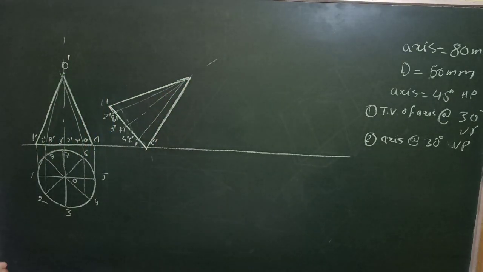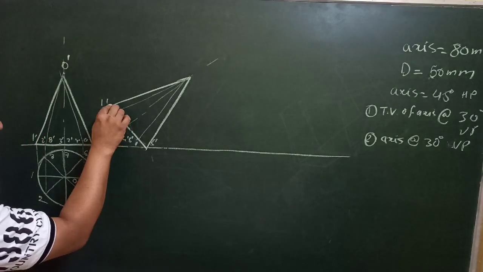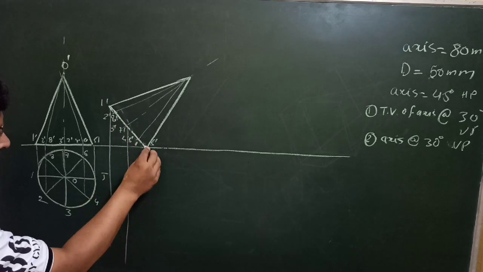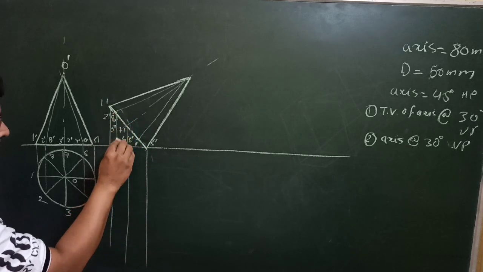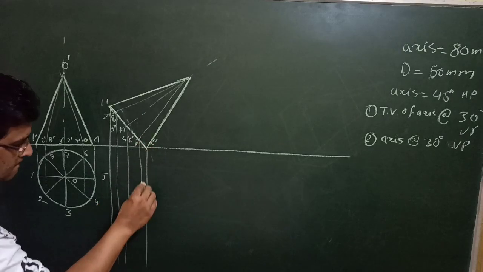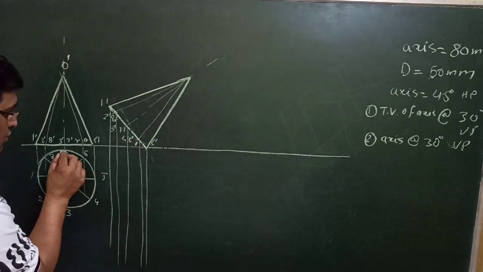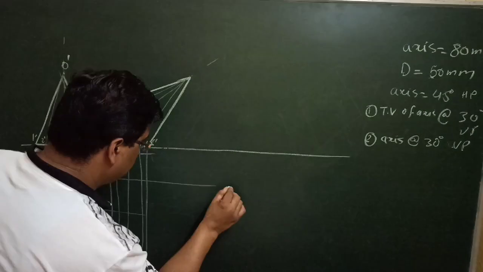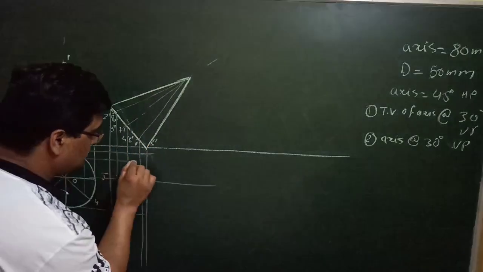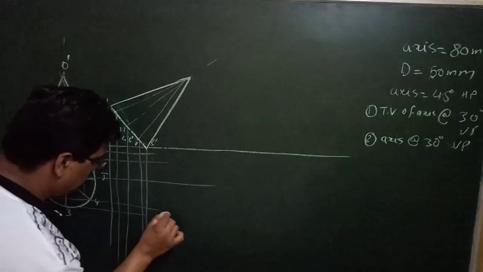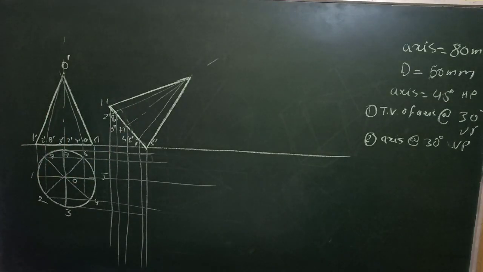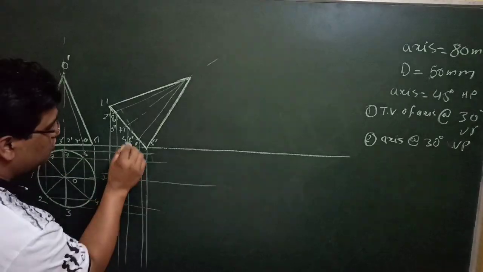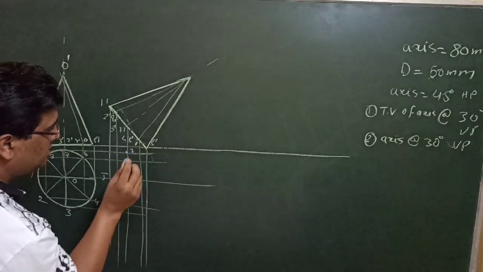Now what to do? As we have already explained, draw vertical lines from this side, from all the points of the base, like this, and horizontal lines from this side. And cut the respective cutting points, means 7 to 7, so that will be 7.